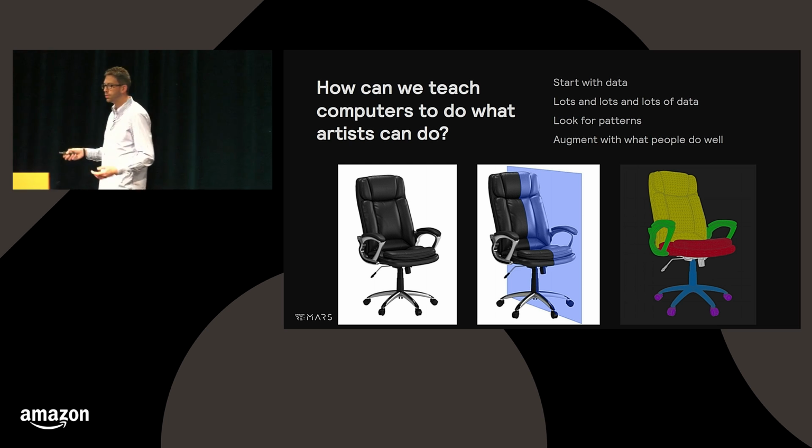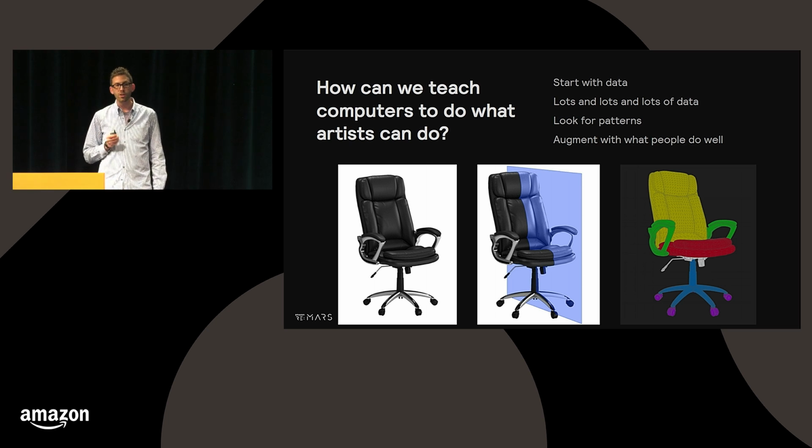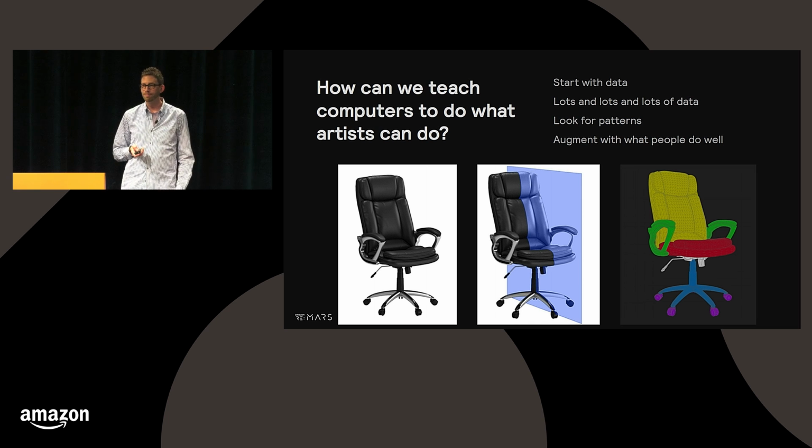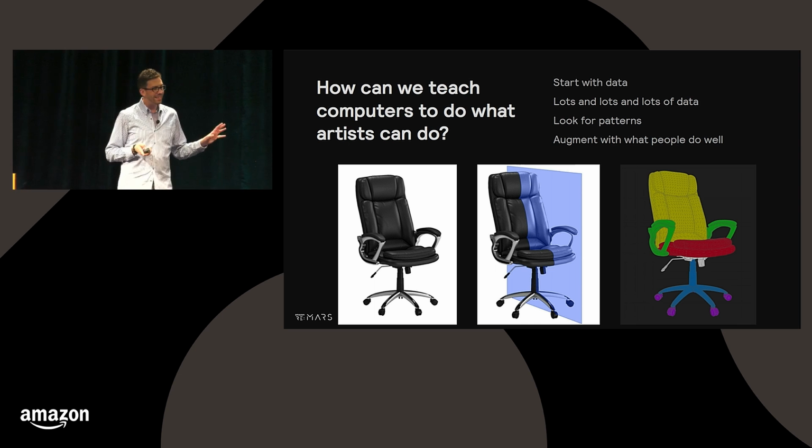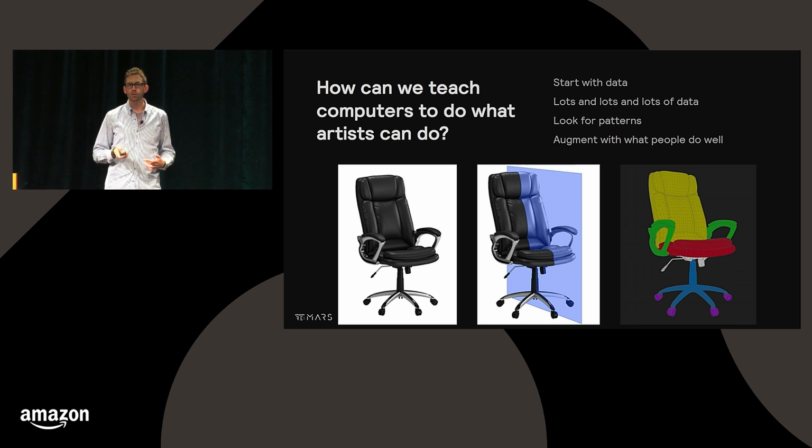So how do we teach a computer to do this? The first thing is we start with data. Again, this is not a big revelation for a machine learning conference. But the idea here is that the quality of the output that you expect to get for things like product reconstruction has so much to do with the quality of the input information.